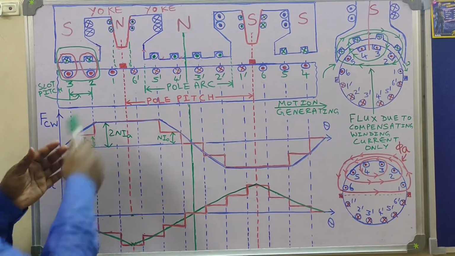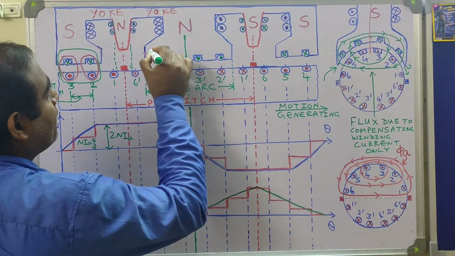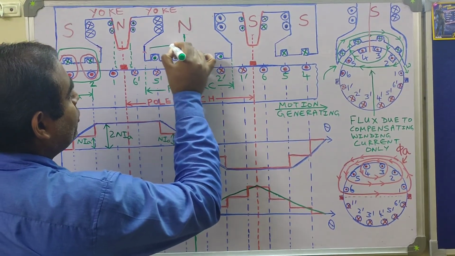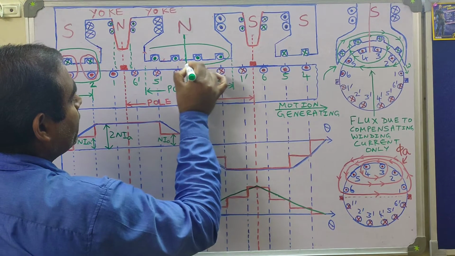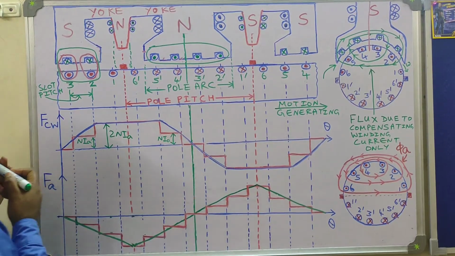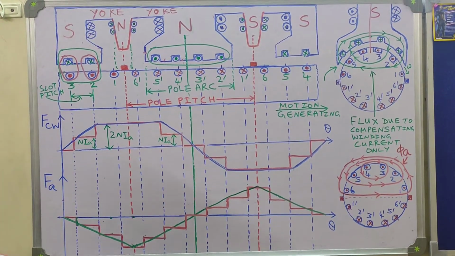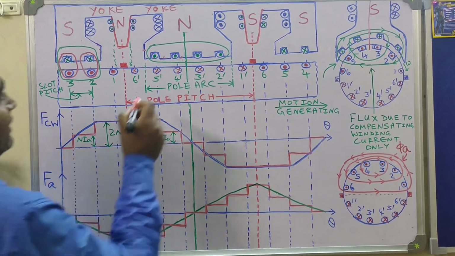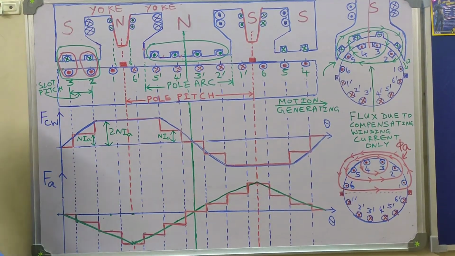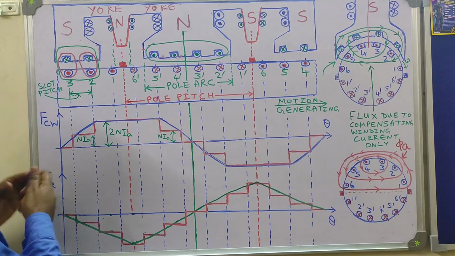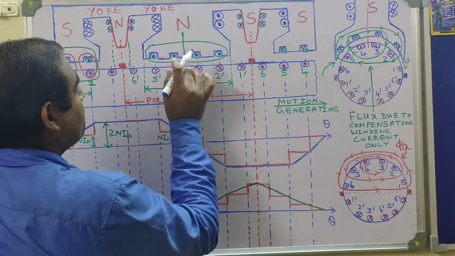For example, in this particular case, you can have a flux due to compensating winding like this, and at the same time you can have a flux due to armature current like this. Let me draw it.